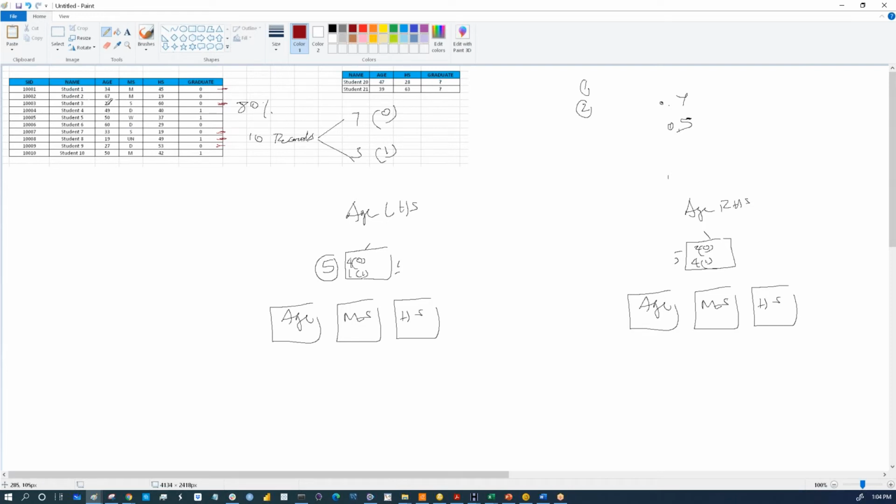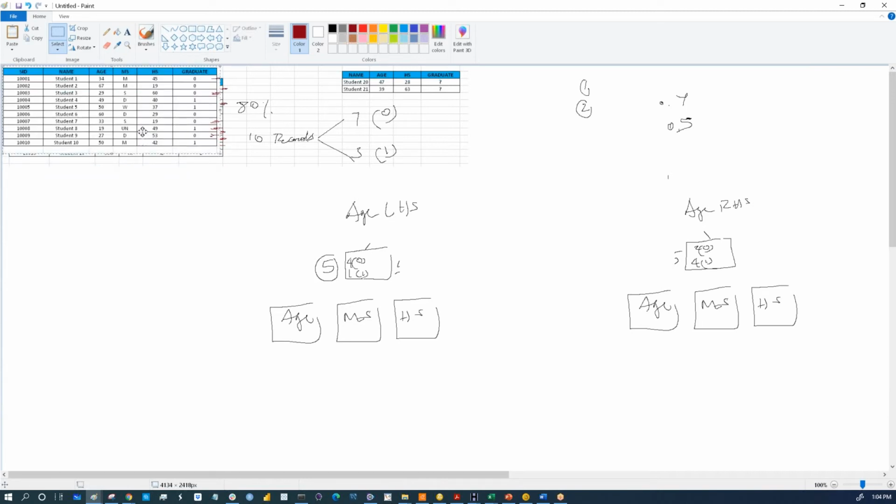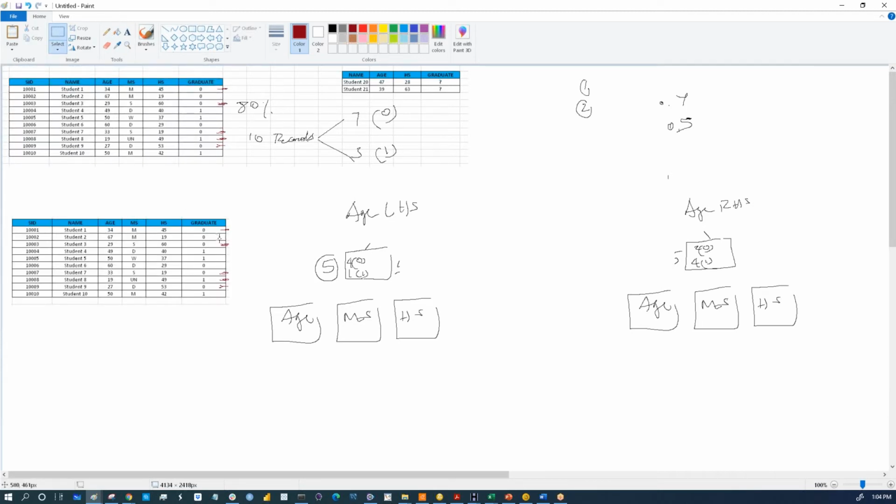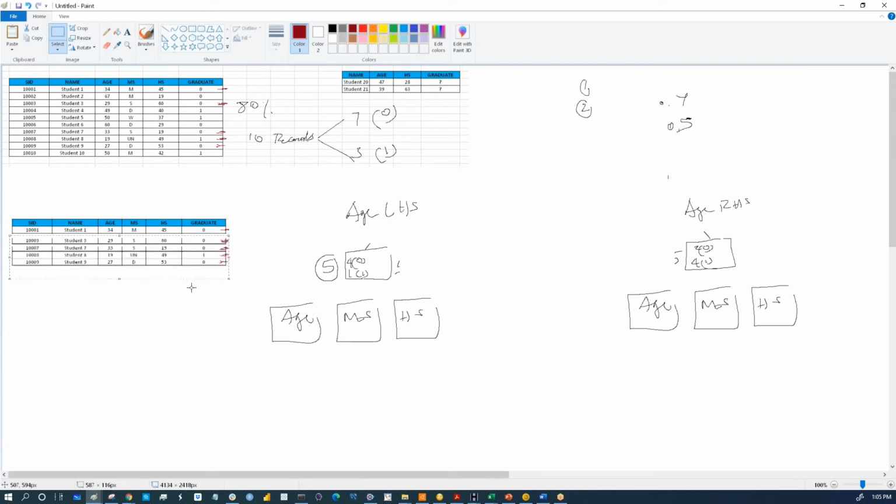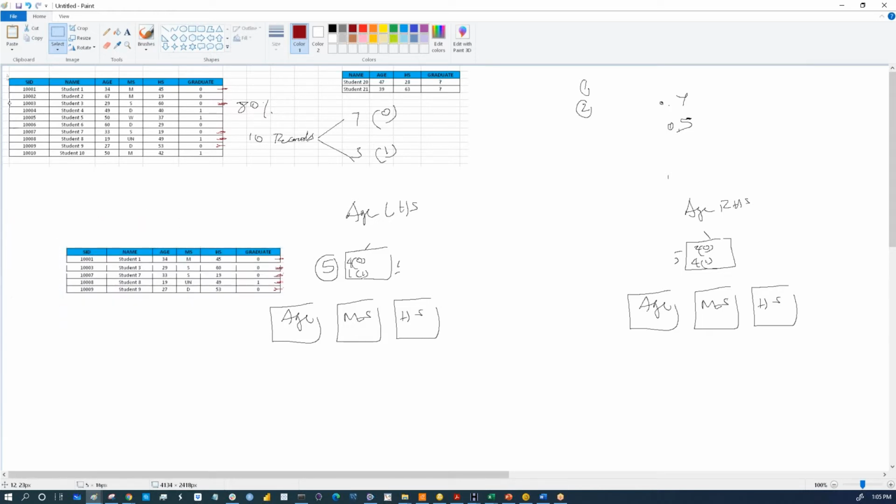Yeah, just let me do this. So this is what we have here for the left hand side, and for the right hand side is the opposite.